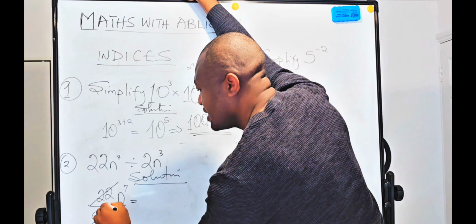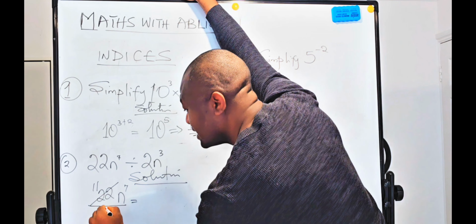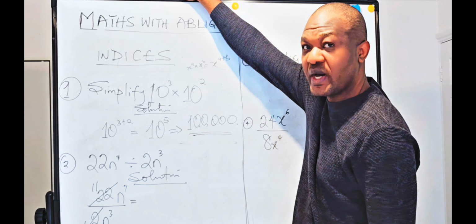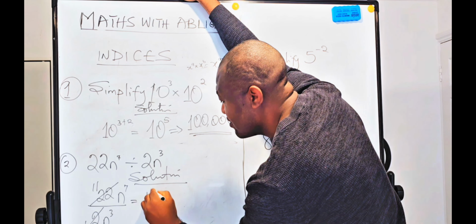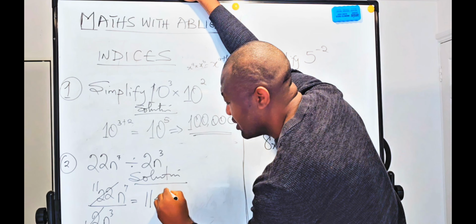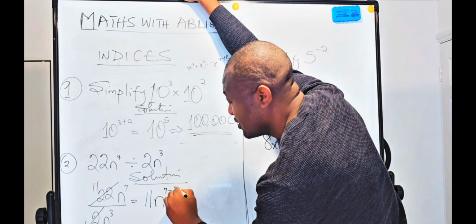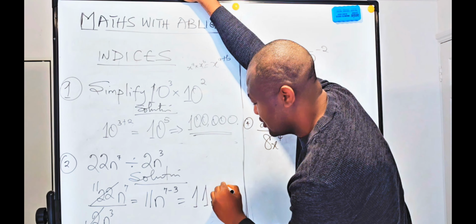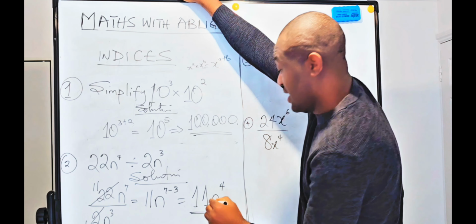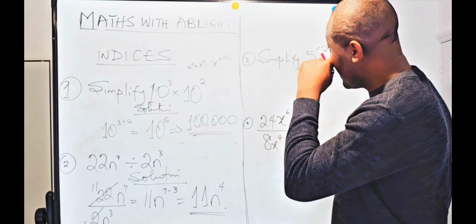Slight cancellation here will give you 11. Slight cancellation here will give you 1. You cancel out the numbers. So you have 11 n raised to power 7 minus 3. And that is 11 n to power 4. And that is your answer, even in London.